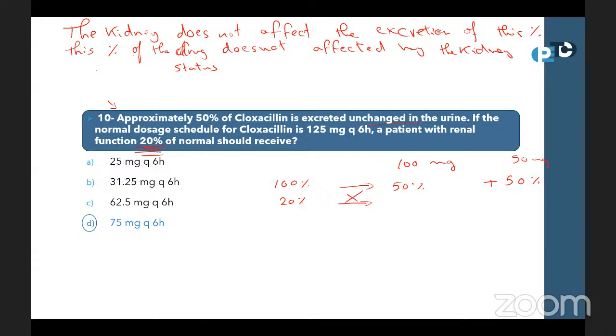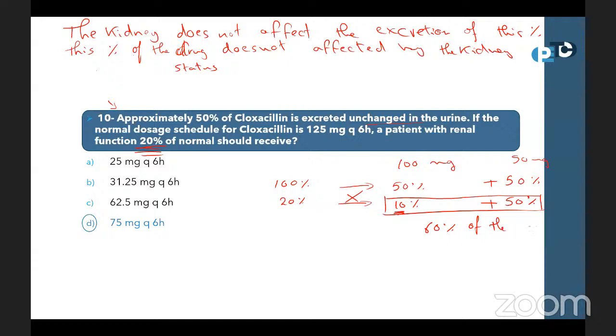It will be 20 multiplied by 50 over 100, which equals 10%. So only 10% of this 50% will be excreted, plus again the 50% which is not affected. Then the total excretion will be 60% of the drug.